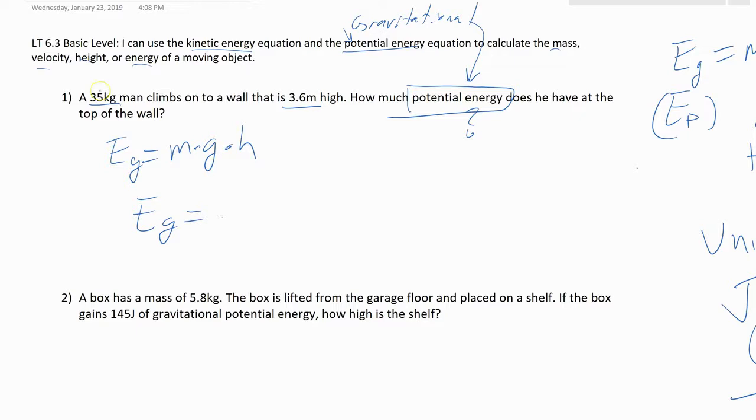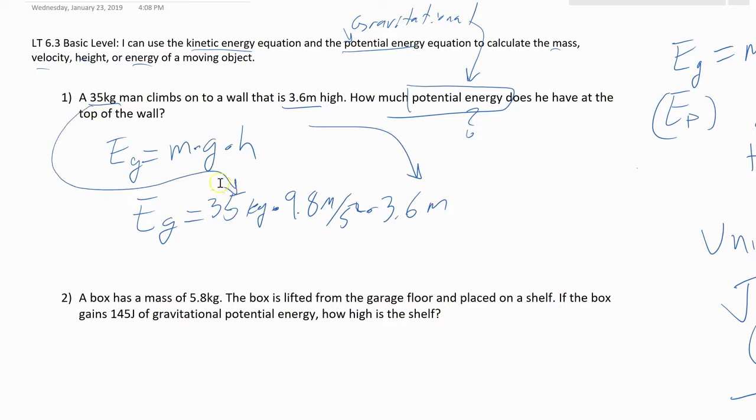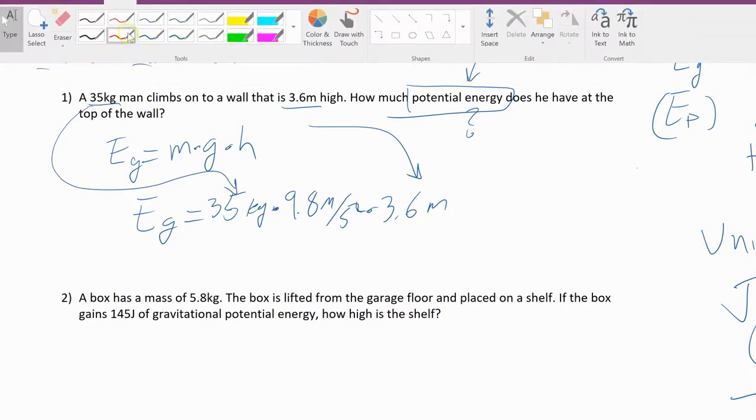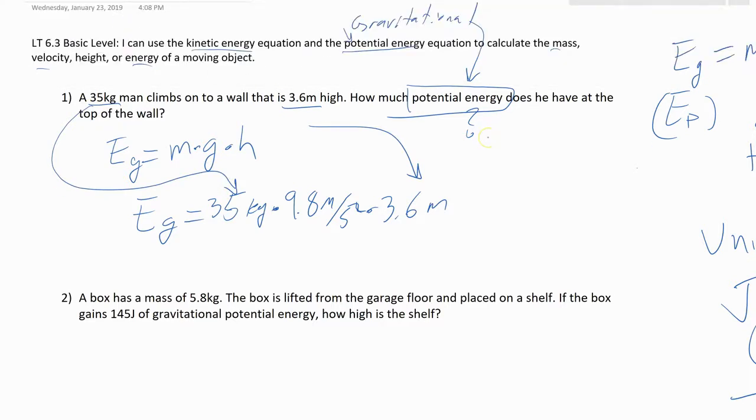So we're just going to have Eg equals the mass, 35 kilograms, times the acceleration due to gravity, which is 9.8 meters per second squared, times a height, which is 3.6 meters. Then I would have to multiply these numbers together.